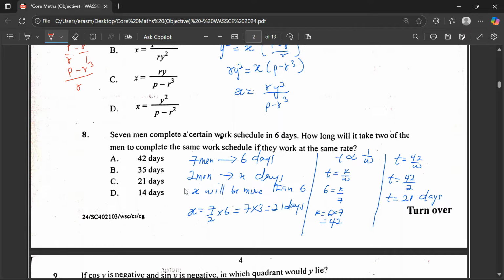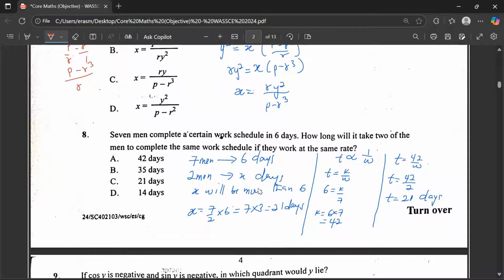That is, they have the same energy. Now you realize that if 7 men take 6 days to complete a work, and 2 men are going to complete the same work, then they demand much more days. So x will be more than 6, right?